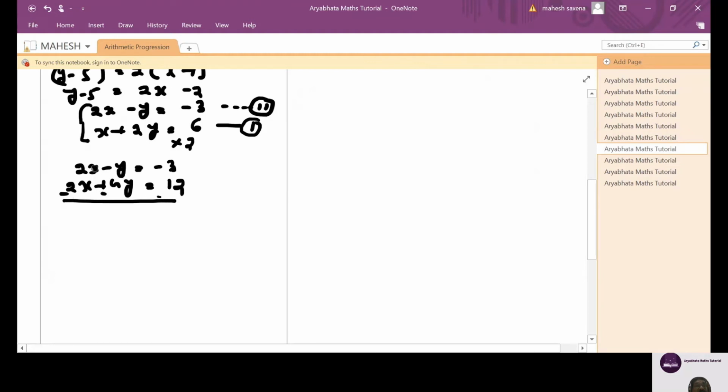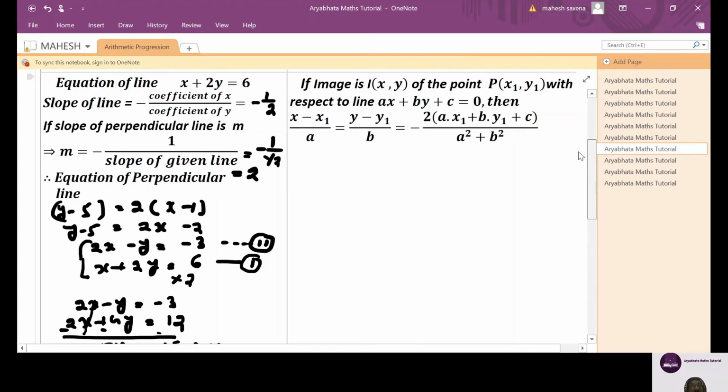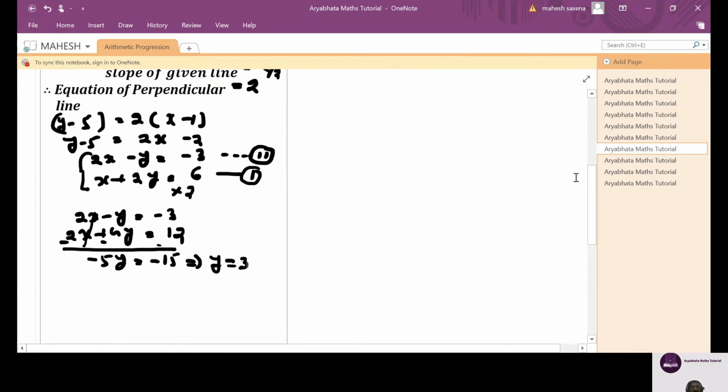Now we will solve it. 2x will be cancelled. Therefore, minus 5y is equal to minus 15, which implies that y is equal to 3. Now we will put the value of y in the equation x plus 2y is equal to 6.